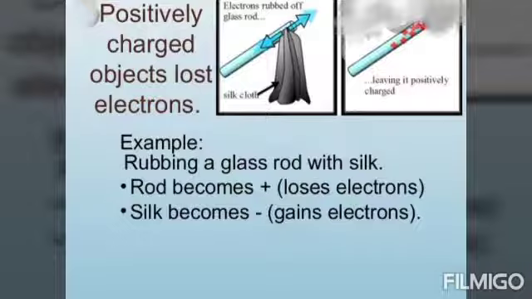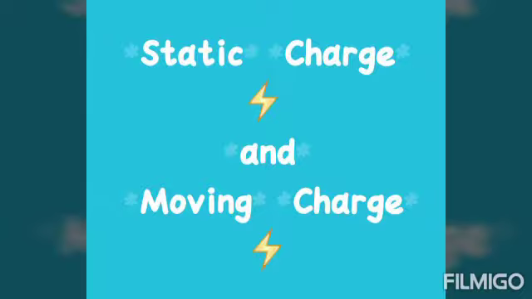Okay, next question: what are static and moving charges? When all the atoms of an object acquire electrical charge, the object as a whole becomes electrically charged.